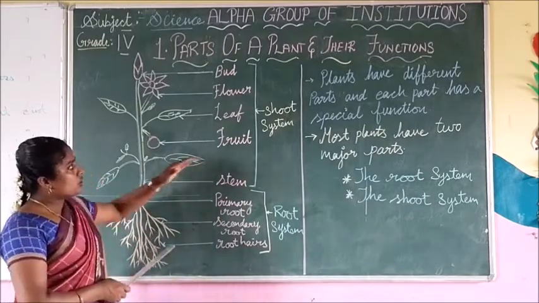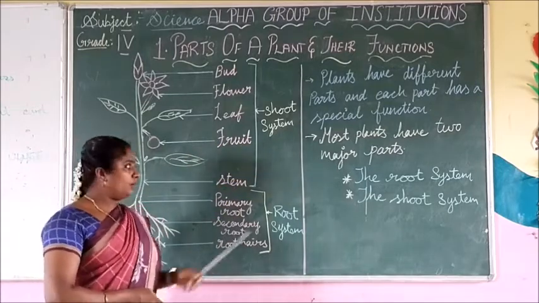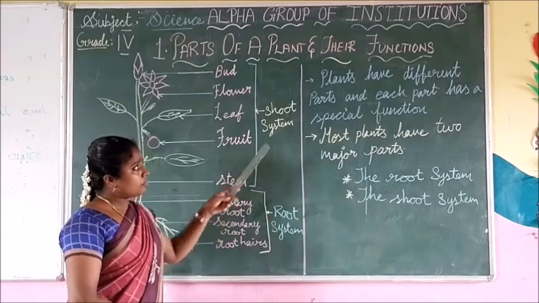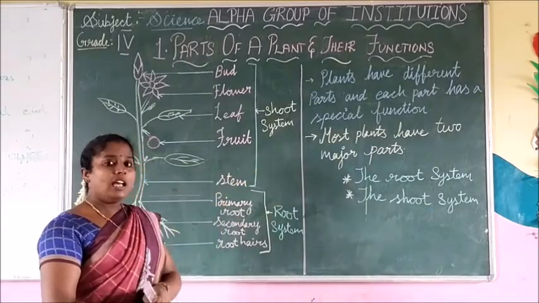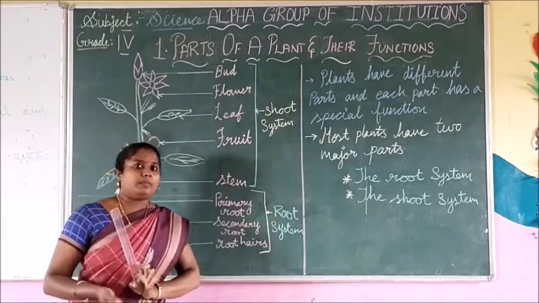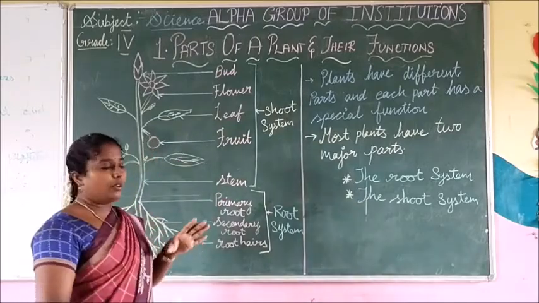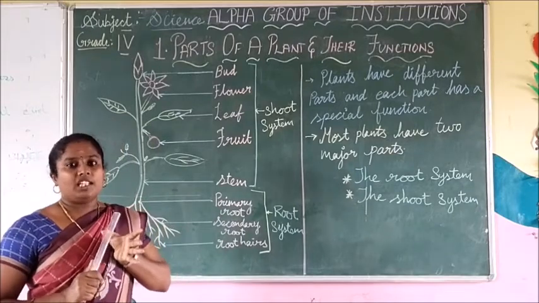So the plant is generally divided into two types of system: shoot system and root system. Plants have different parts and each part has a special function. Generally we know bud, fruits, flowers, stem, leaf, root.